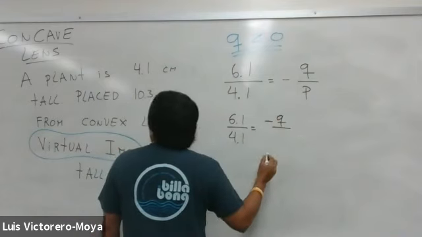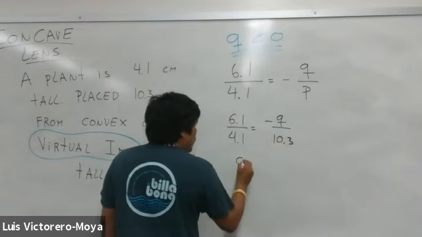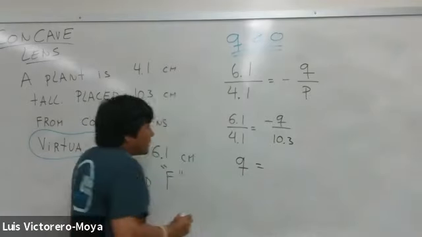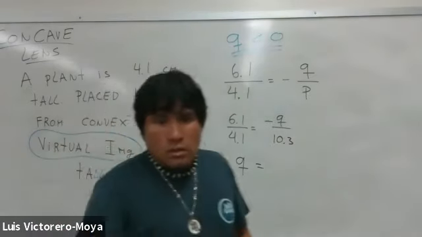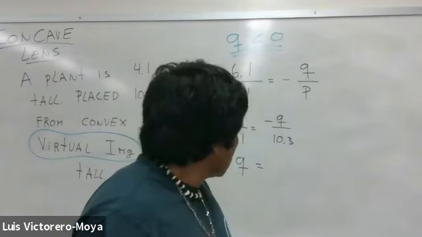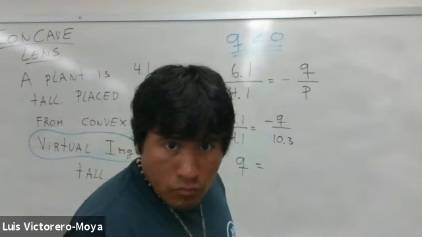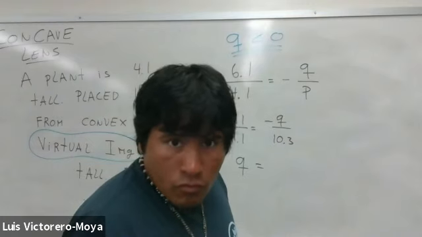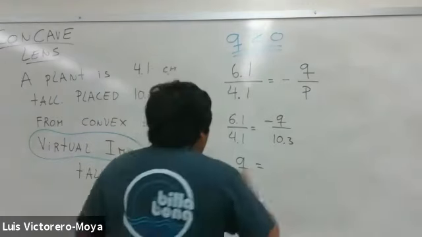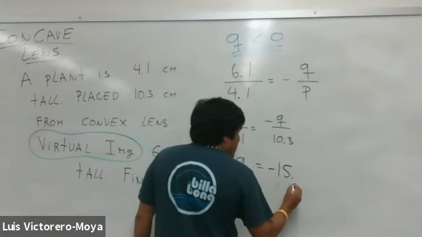What's P? 10.3. So Q will be a negative value when you solve that proportion there. It's 15.3, so minus 15.3. Makes sense. It is behind the object.